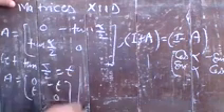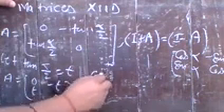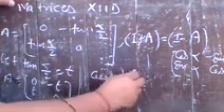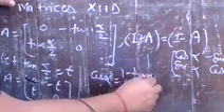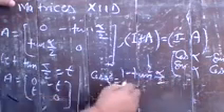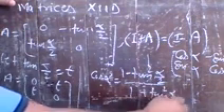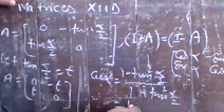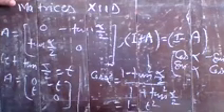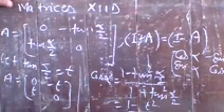Cos alpha is equal to 1 minus tan square alpha by 2 upon 1 plus tan square alpha by 2. In this way you have 1 minus t square upon 1 plus t square.